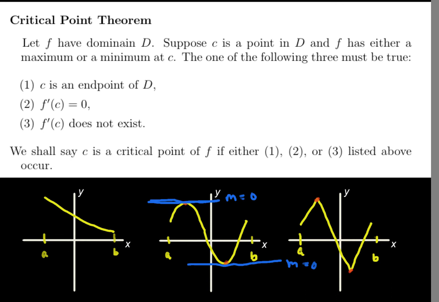If we're trying to find locations of a max or minimum, then we just have to either look at the endpoints or look where the derivative is 0 or does not exist. And again, we'll call any of those three scenarios a critical point. So really, the hunt for locations of max and min becomes a hunt for critical points.